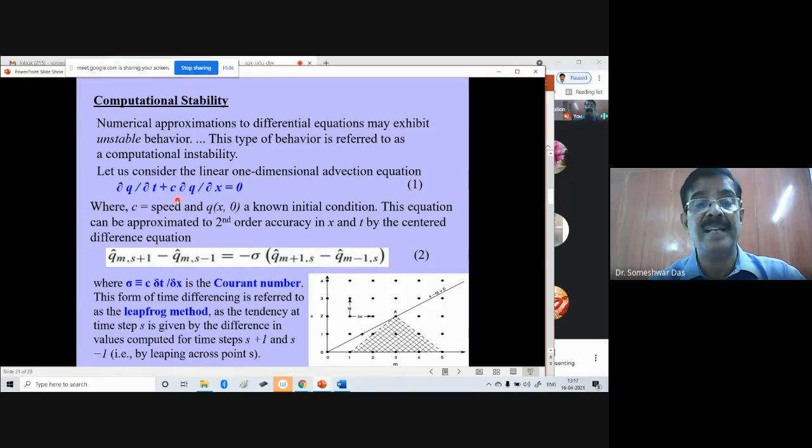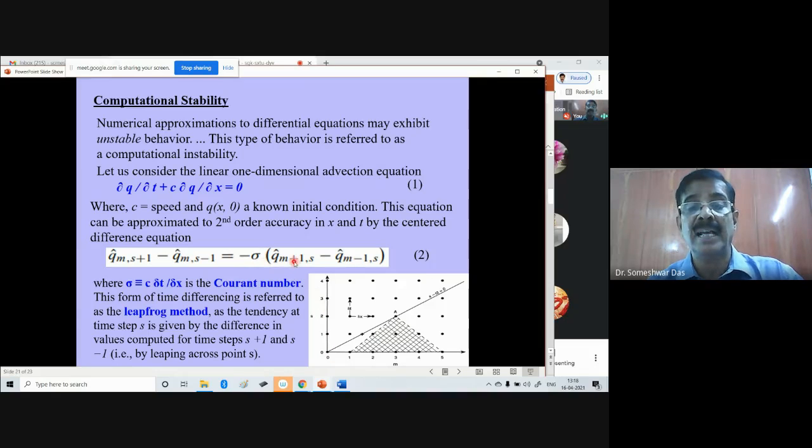So sigma here is defined as c times delta t divided by delta x, and this is the Courant number. And this is called the central differential scheme, because when we say S plus 1 and S minus 1, you are jumping one step forward and one step backward.